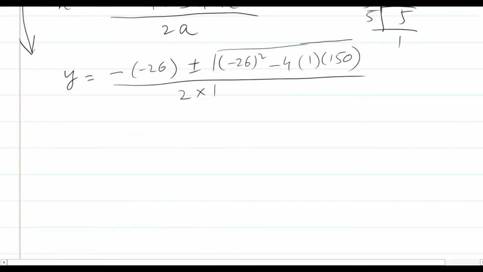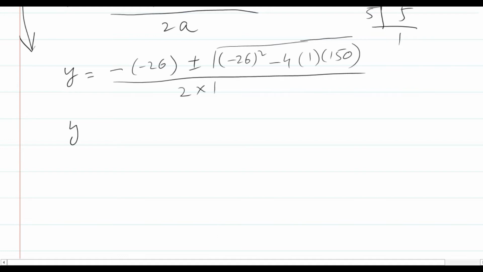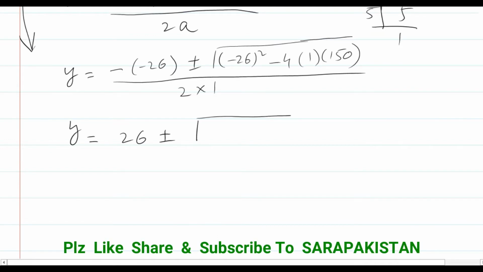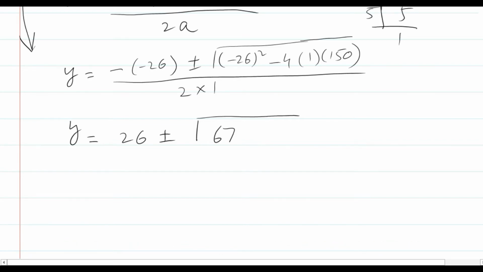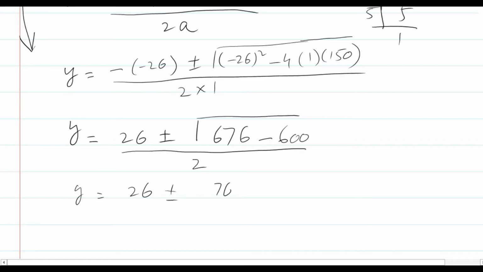On further simplification, you will get y is equal to 26 plus minus square root of 676 minus 600 over 2, and this is equal to y equals 26 plus minus square root of 76 over 2.